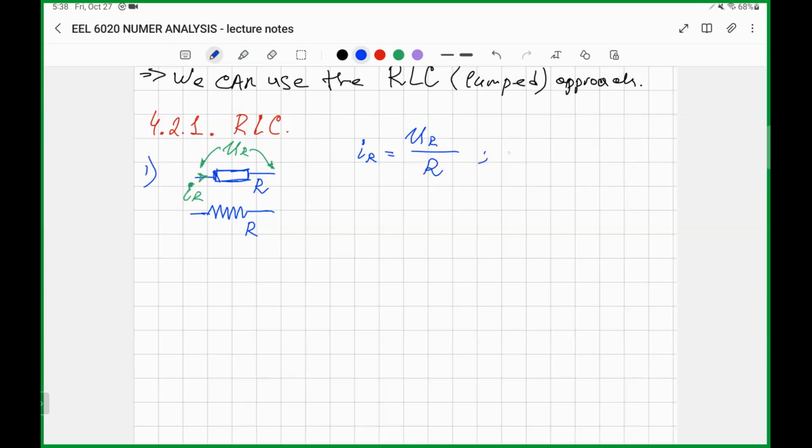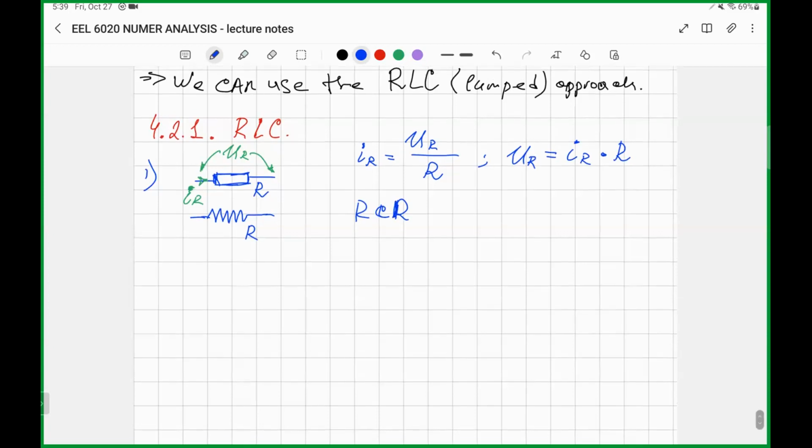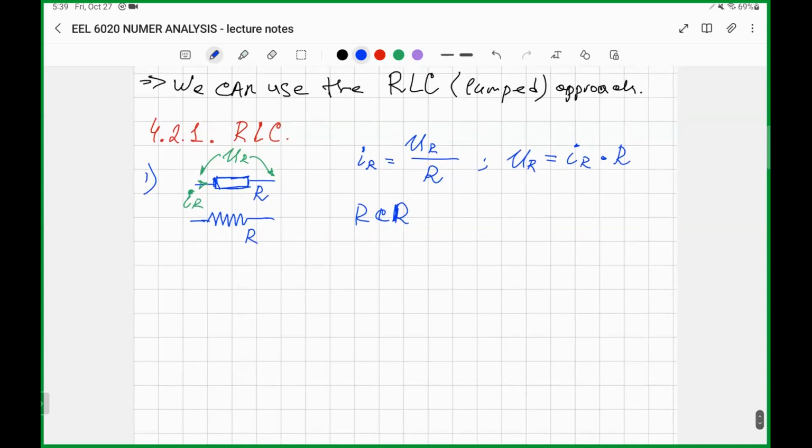Or I can isolate the voltage drop from this formula, which is just the product of the current times R. R here is a real value, and that in particular means that the phase of the voltage and the phase of the current flowing through this resistor are the same.